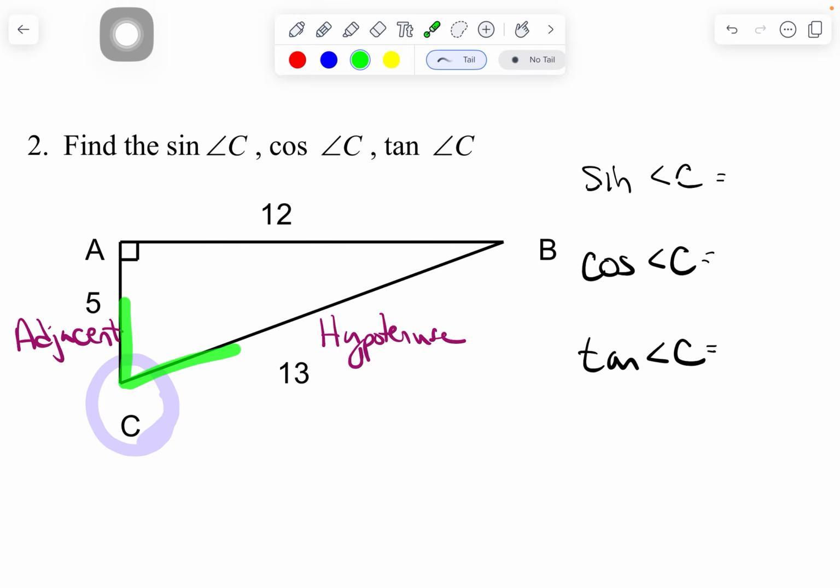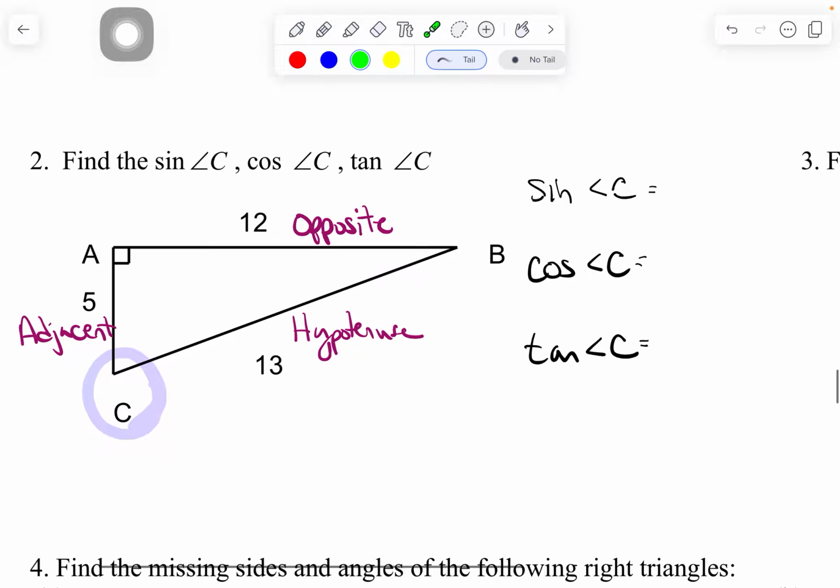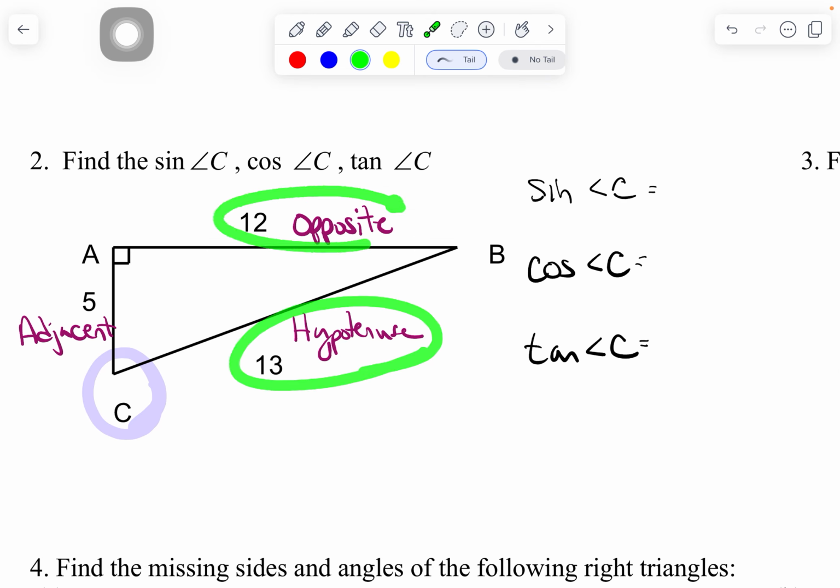So this angle right here, if I go across or opposite the triangle, that is the opposite side. And oftentimes we'll abbreviate that as either OPP for opposite or just O for opposite. Okay. So the little mnemonic device is going to help me take this information, this hypotenuse, that opposite, and that adjacent side, and write out 3 trig ratios.